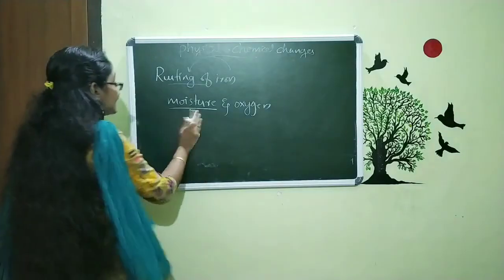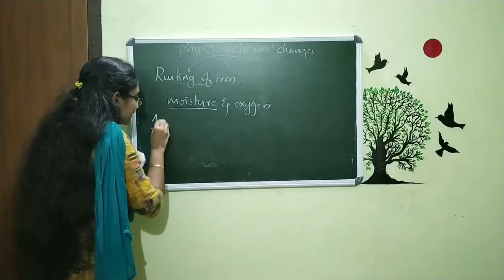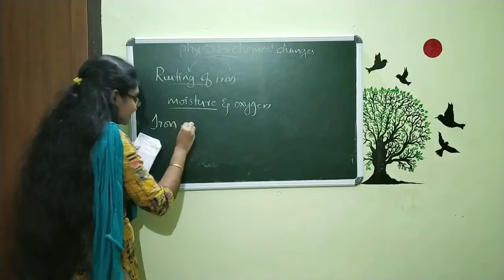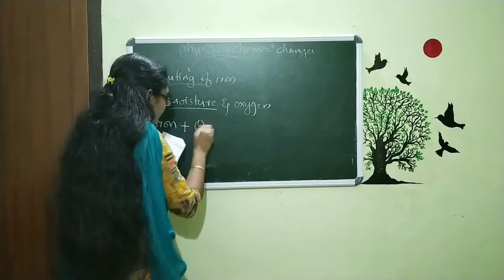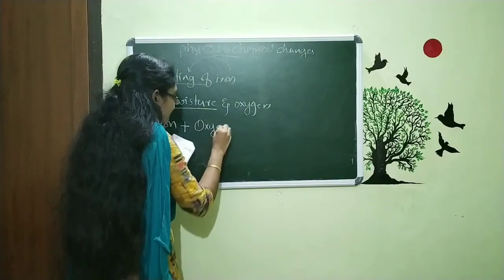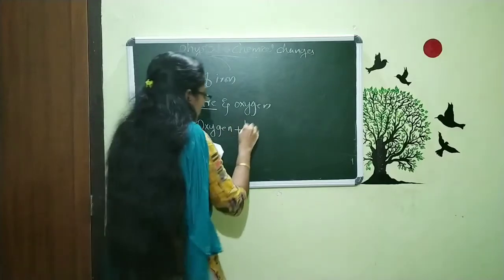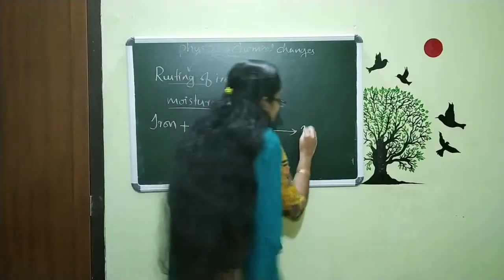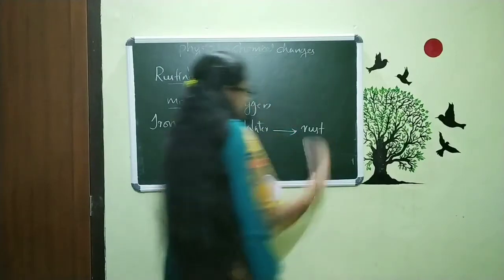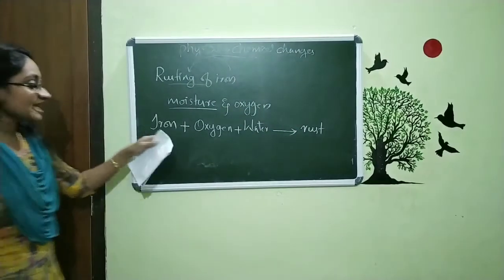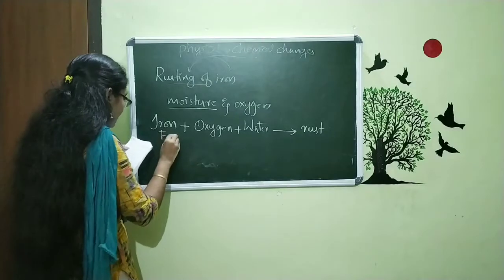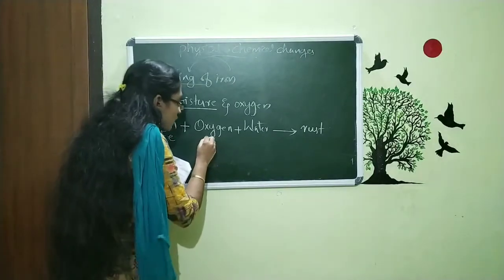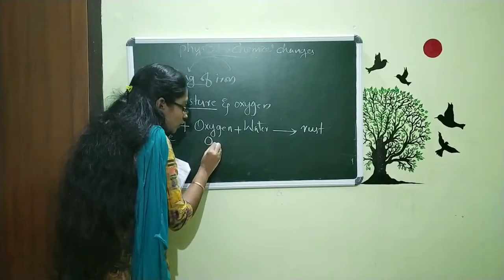The equation is like this: iron reacts with oxygen and water, therefore rust. That is, iron Fe reacts with oxygen, that means O2.